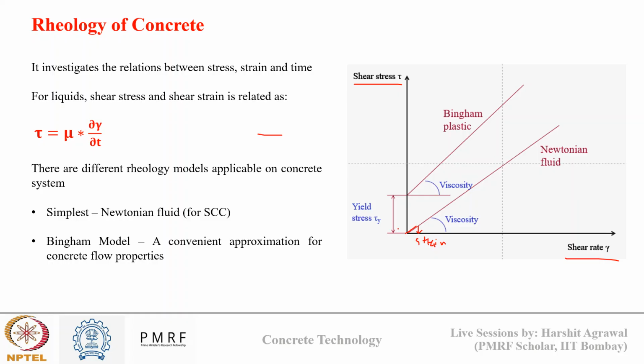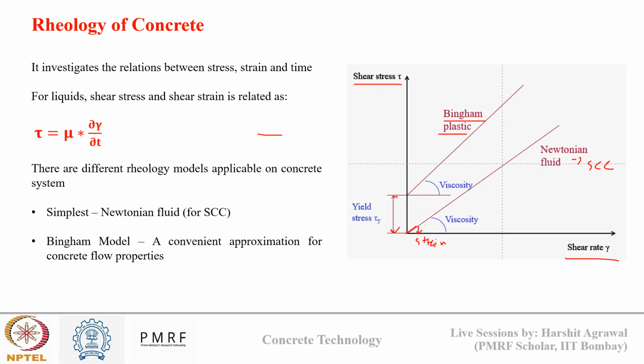Okay, however, such idealized behavior is a good approximation for a self compacting concrete, which compacts on its own, which doesn't require any force for movement. Okay, however, for fresh concrete, we generally assume that it behaves like a Bingham plastic, where flow only initiates when a certain yield stress is applied to the concrete.